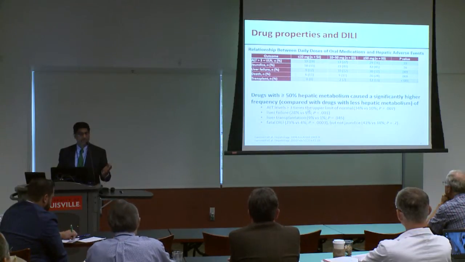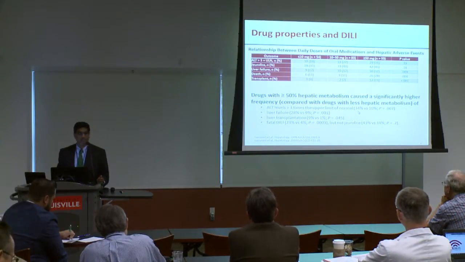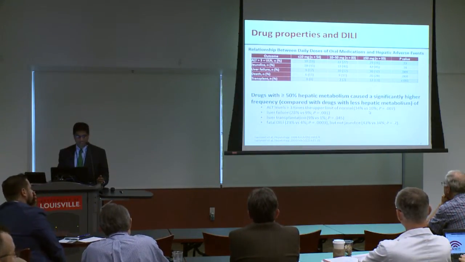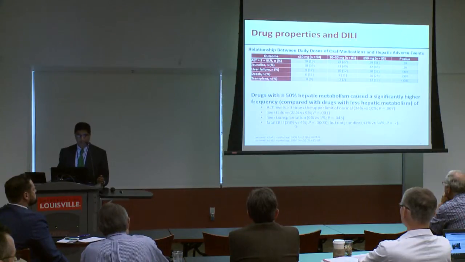ALT greater than 3 times, which is one of the things the FDA looks at in a phase 3 trial before approval, was 34% versus 10%. Liver failure was 28% versus 9%, along with transplantation and fatal DILI. But if you look at just jaundice, it was not statistically significant.